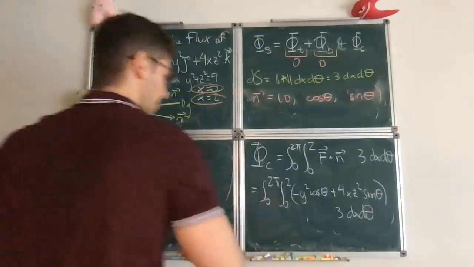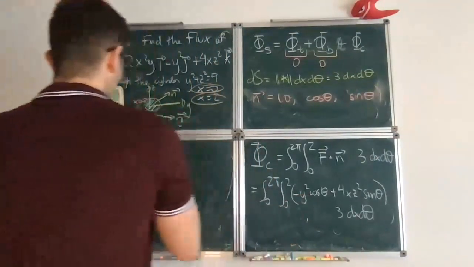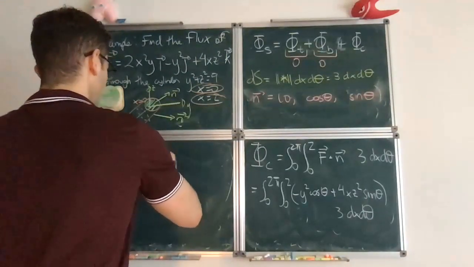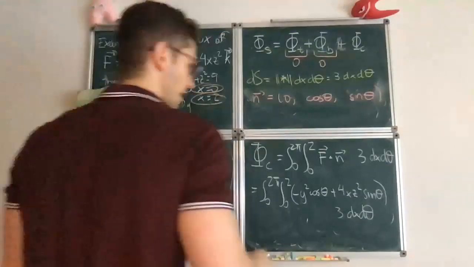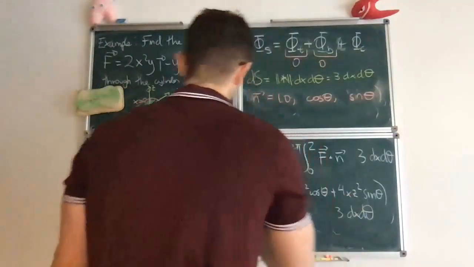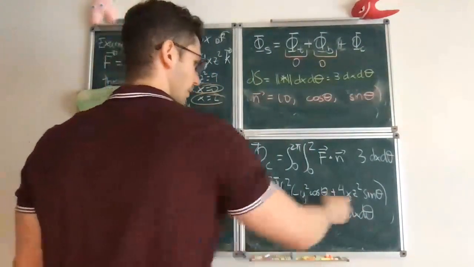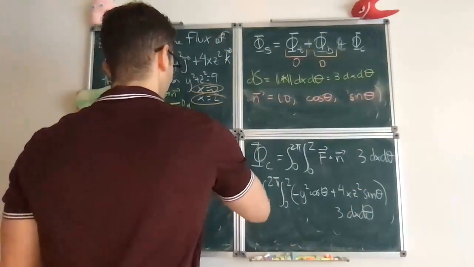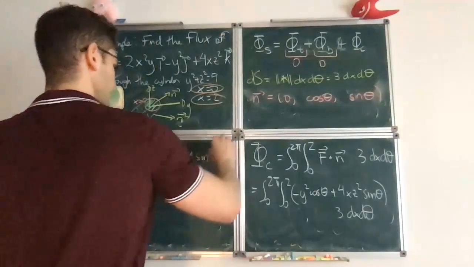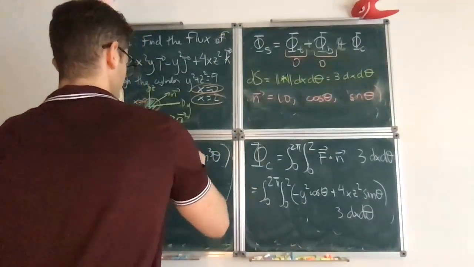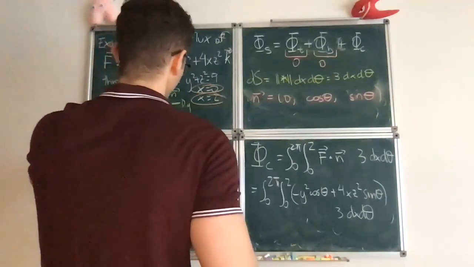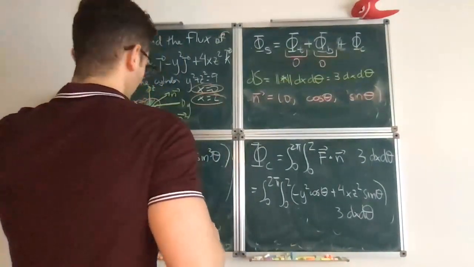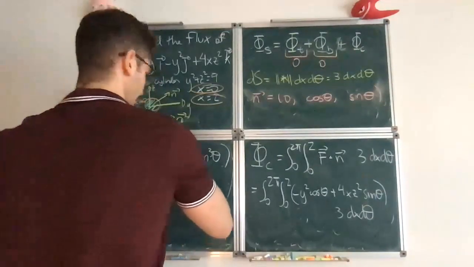When you put y as 3 cosine, you get negative 9 cosine cube of theta, and here you get 4x. This becomes 9 sine cube of theta. So this 4 times 9 becomes 36. So you get 36x sine cube of theta, and this is being multiplied times 3 dx d theta.